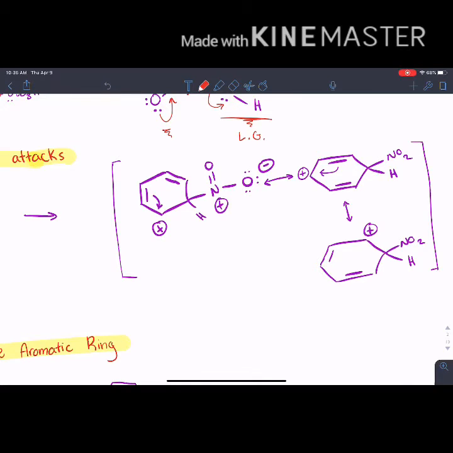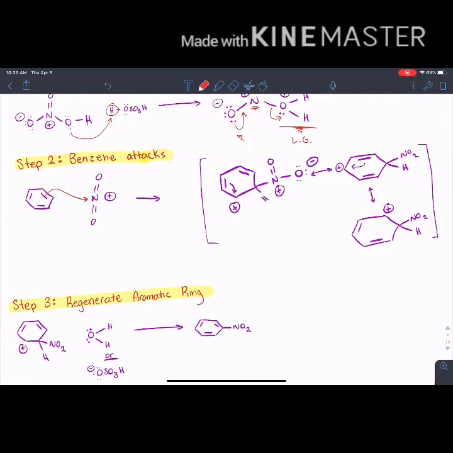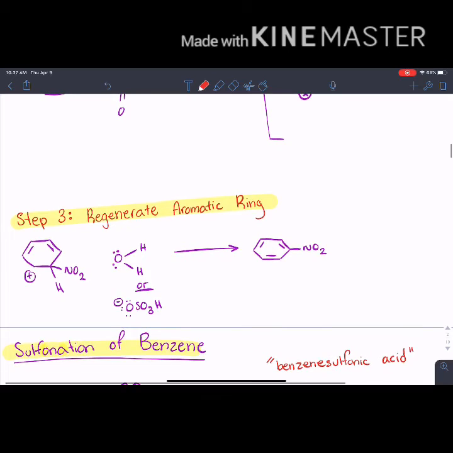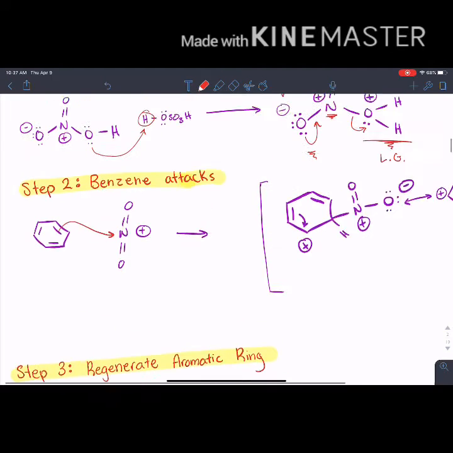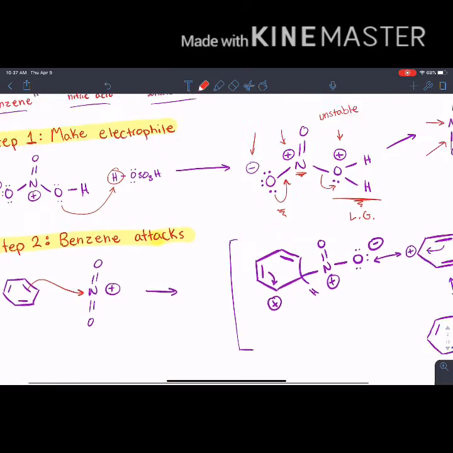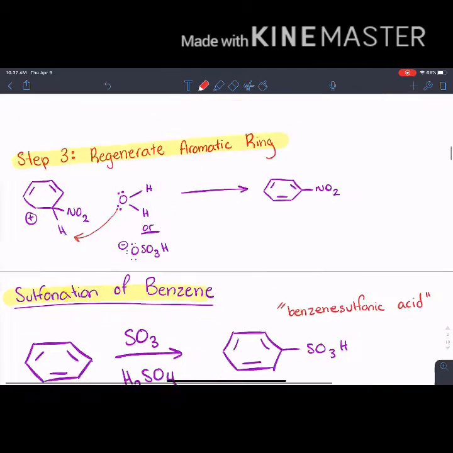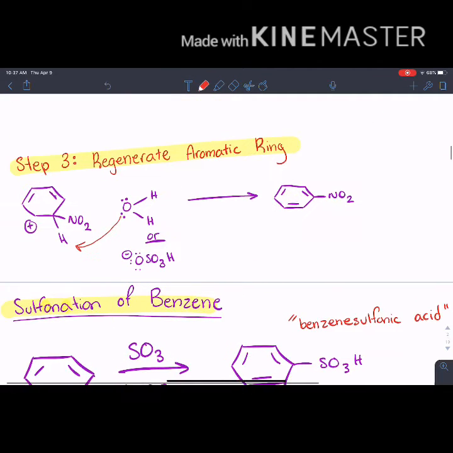So, the nitro group is on there, but you don't want the positively charged carbocation, so you regenerate your aromatic ring, and that is done by the water molecule that recently left, remember from this first step, the dehydration. That water comes back, or your deprotonated acid comes back and gets that hydrogen. This bond is broken and donated to the ring, leaving us with product.